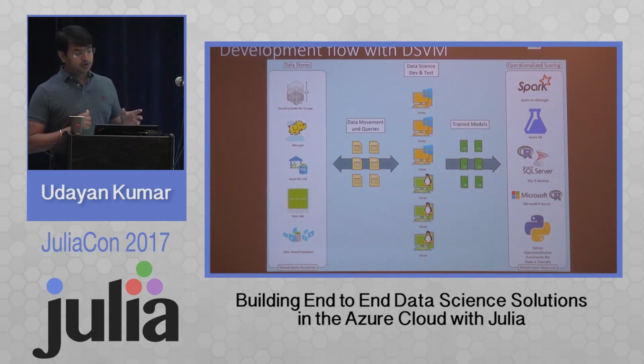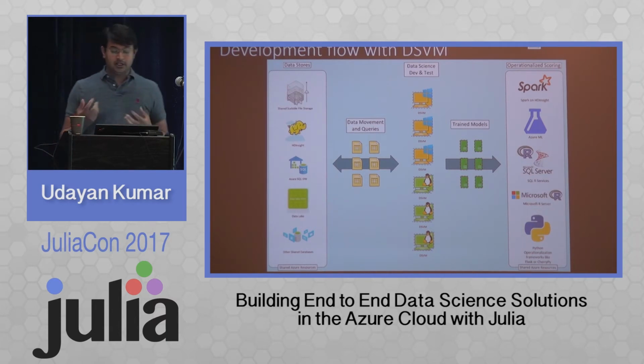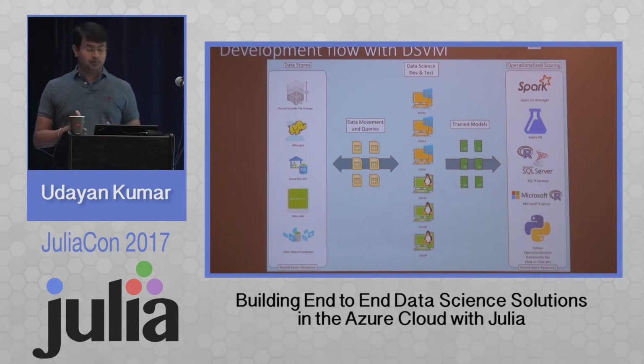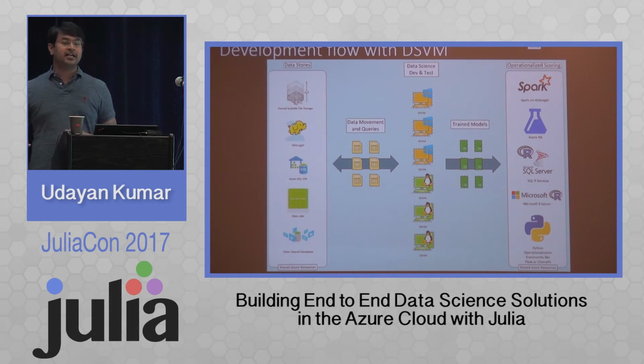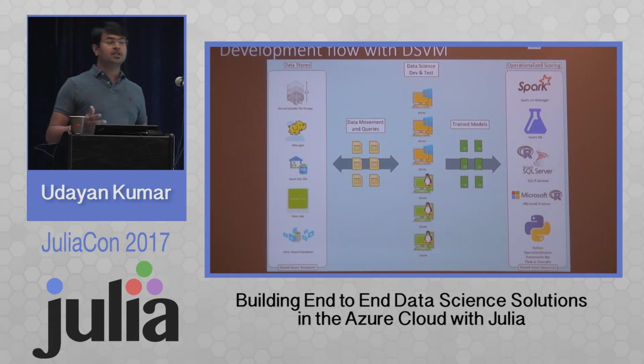And one of the interesting things is that, as a team, we want to help people use this to operationalize their work. For example, say you want a REST API for the model that you have created. That's very easily possible with the DSVM.